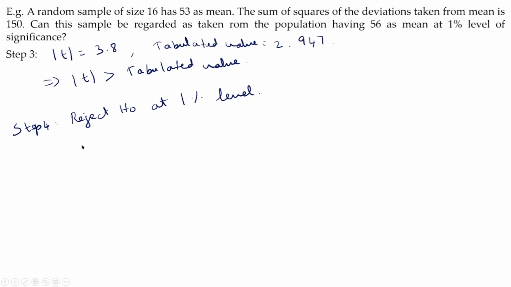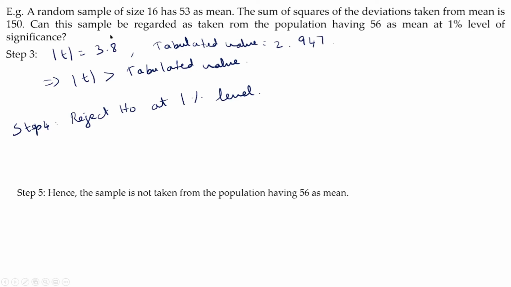Now what we have taken as the null hypothesis? The null hypothesis is there is no significant difference between the population mean and the sample mean, but here we got the decision to reject H0. So finally we have the last step. Hence the sample is not taken from the population having 56 as mean.